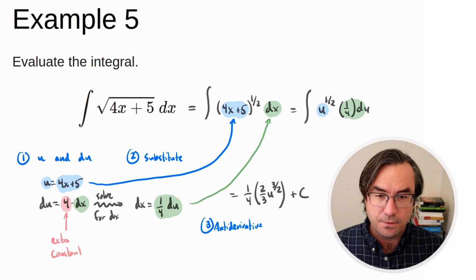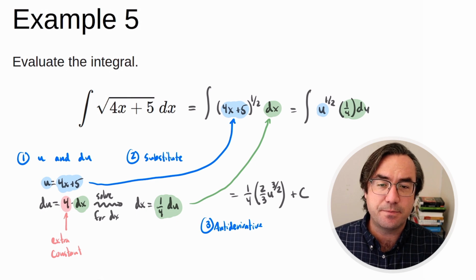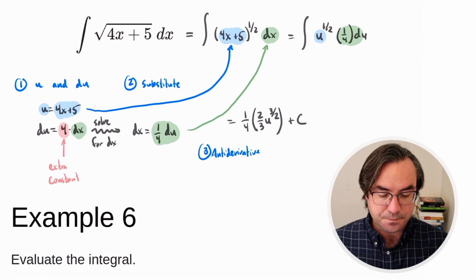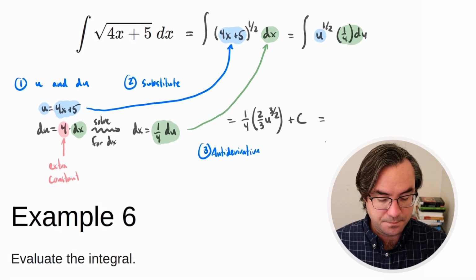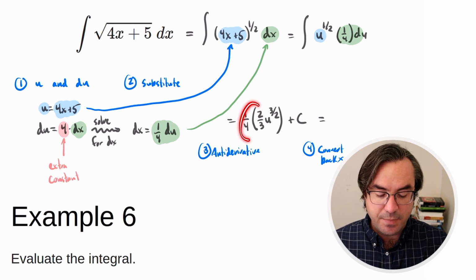Now we're just about done. We got our antiderivative. The last step is to convert it back to x, and while we're at it, maybe simplify.